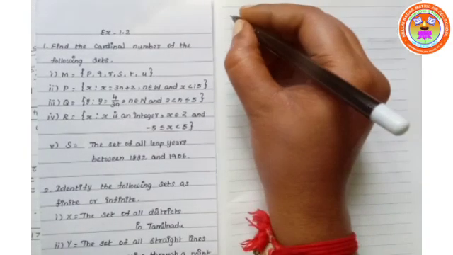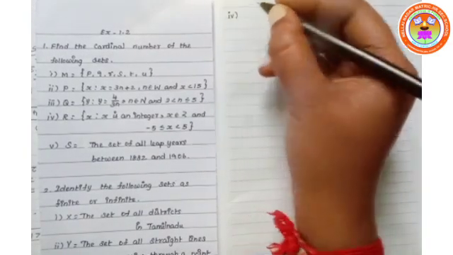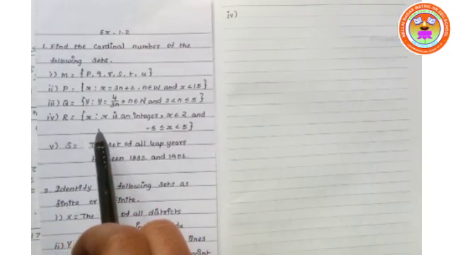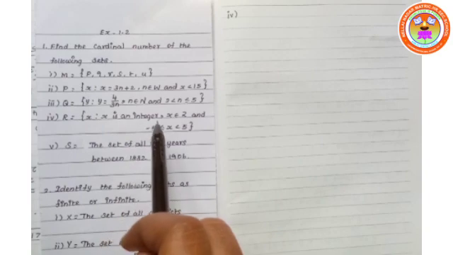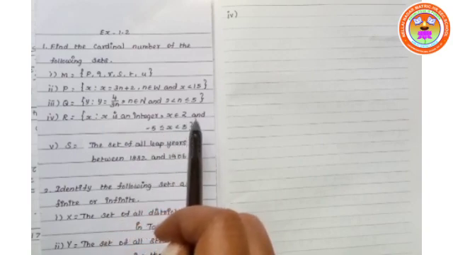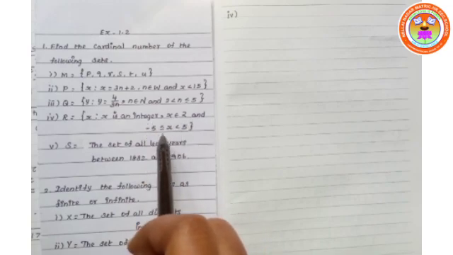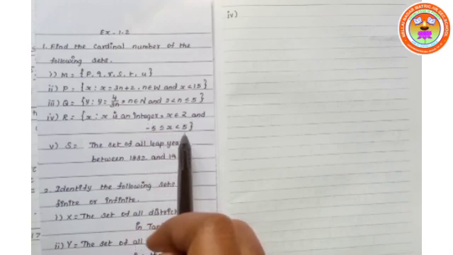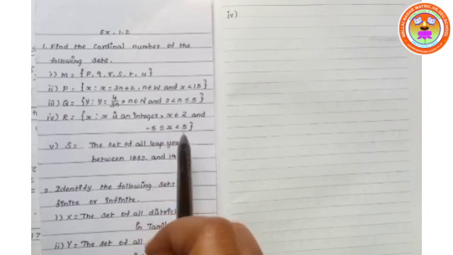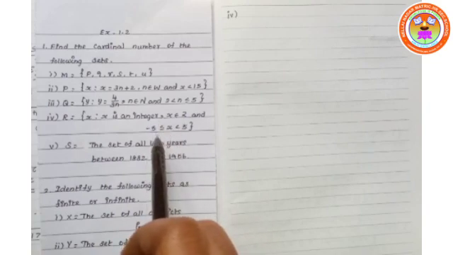Now, the fourth subdivision, R equal to set of all x such that x is an integer, x belongs to Z. Z means set of all integers, and minus 5 less than or equal to x less than 5. x is an integer, lies between minus 5 and plus 5 and also minus 5.